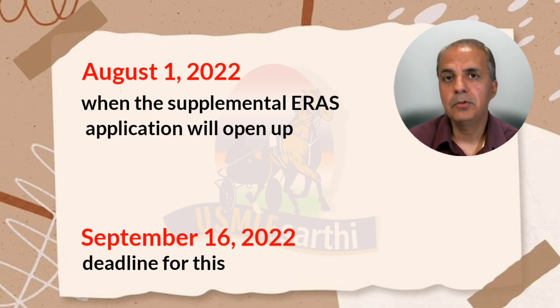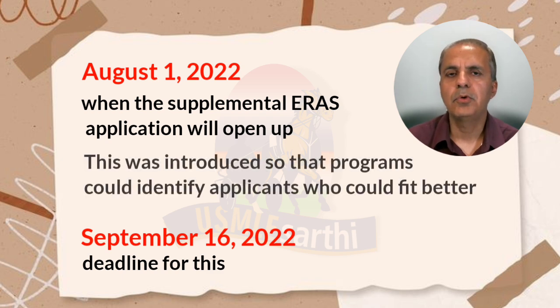We'll have details during the season, but based on last season's experience, it was introduced so that programs could identify applicants who fit their criteria better, and for applicants to demonstrate their interest and better fit to the program.